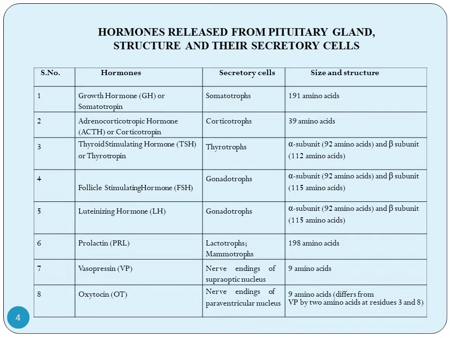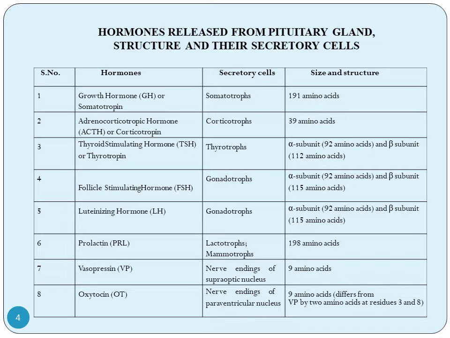The follicle stimulating hormone and the luteinizing hormone are secreted by gonadotrophs and both contain an alpha and a beta subunit with 92 and 115 amino acids respectively. The prolactin hormone is secreted by lactotrophs and mammotrophs and contains 198 amino acids.